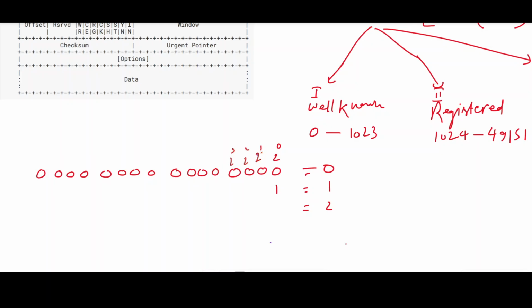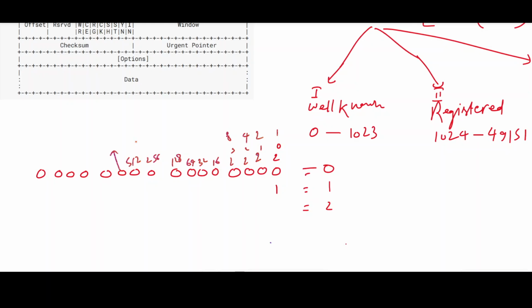That means this is 1, this is 2, this is 4, this is 8, this is 16, 32, 64, 128, 256, 512.